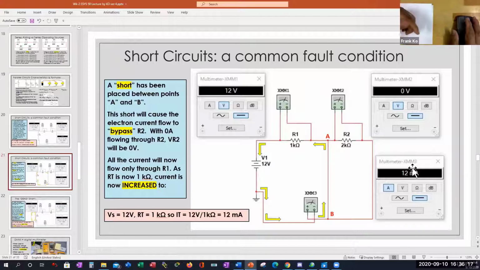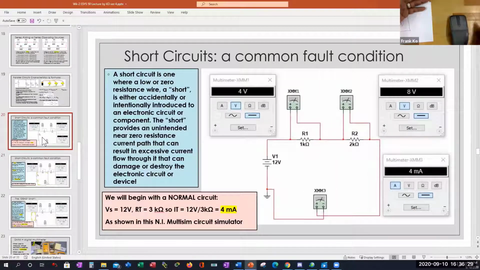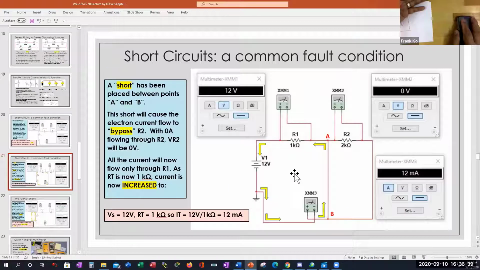Did the current increase or did the current decrease from the original to now? Well, here's the original. How much current was in the original? What do you see here? Oh, it went up. Yeah, it's 4 milliamps here, and then once we introduced the short, it's now 12 milliamps.